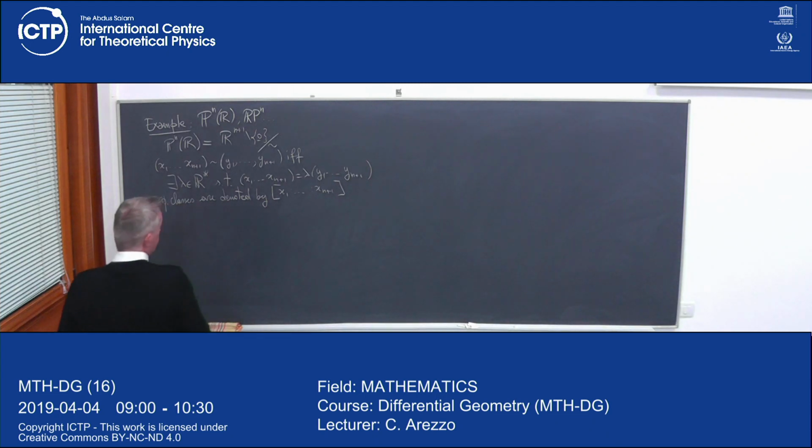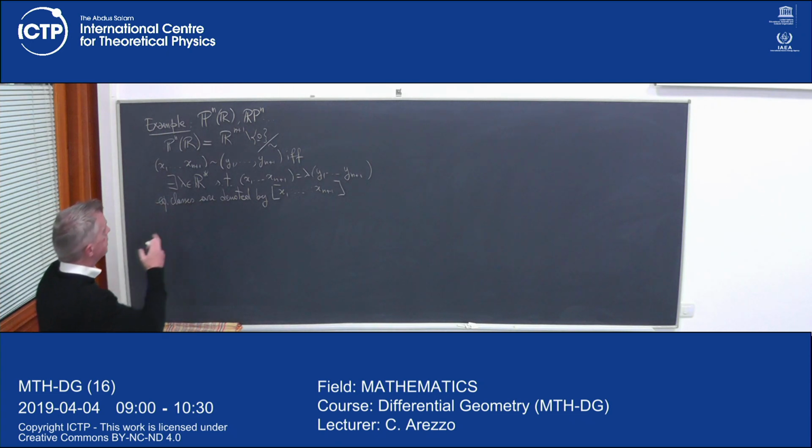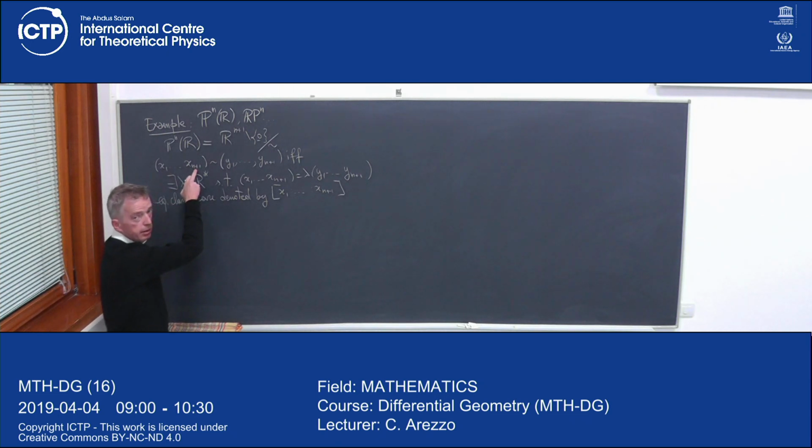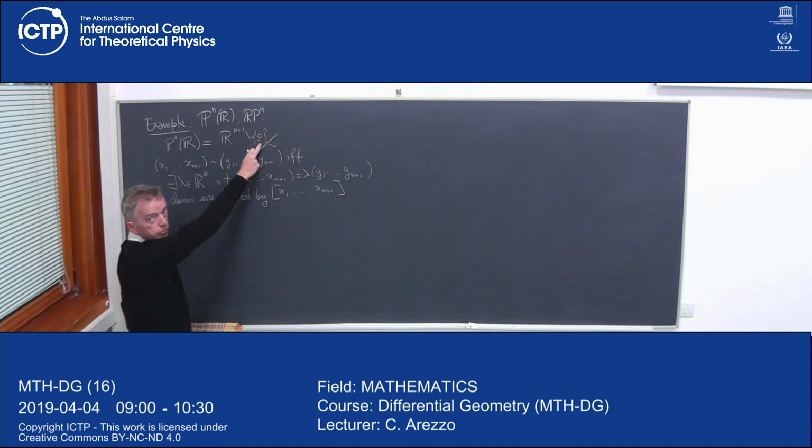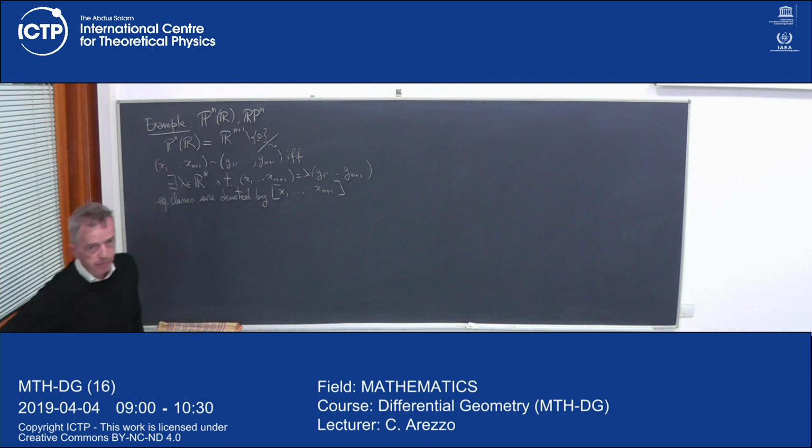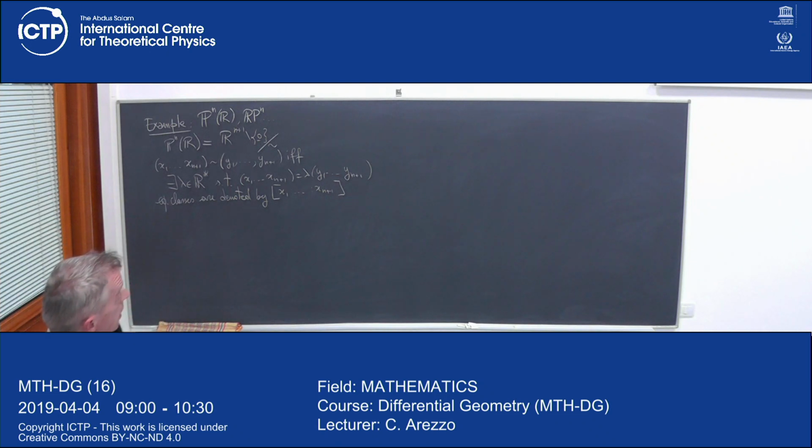Now, the point is that not all can be zero. There could be some zeros here, but not everything, because I removed the origin from this game. So when I pick a point in the real projective space, at least one homogeneous coordinate is different from zero.